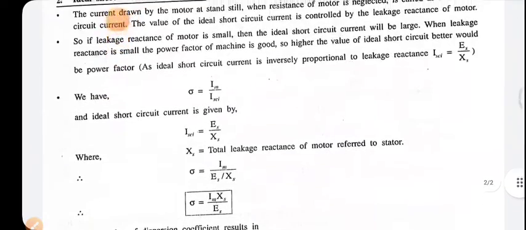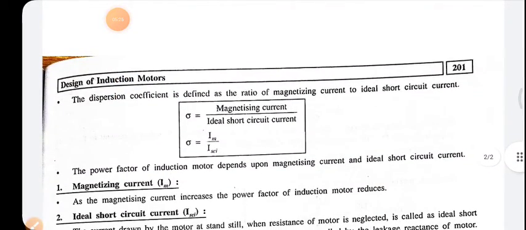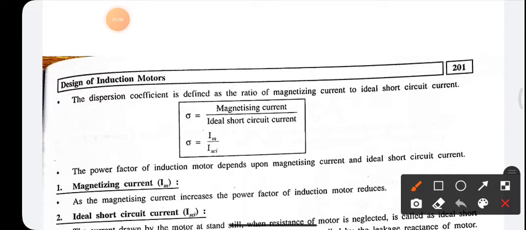So this was a small topic, and it is important from the exam point of view. You just have to remember that if the exam question asks you to define the dispersion coefficient and derive its equation, and state the effects of a higher value of the dispersion coefficient, then you can answer that the dispersion coefficient is nothing but the ratio of magnetizing current and ideal short circuit current.